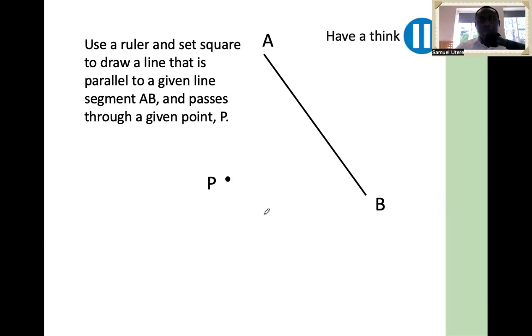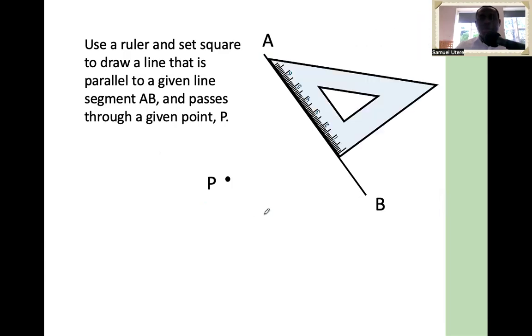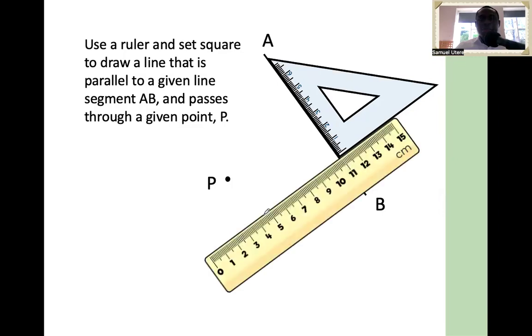Let's proceed. Step 1, you would place your set square on line segment AB, the line that was already given to you. Next, you would position a ruler on the side of the set square like this.